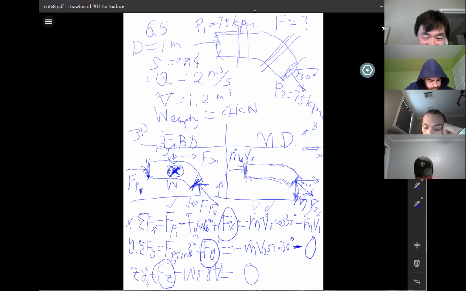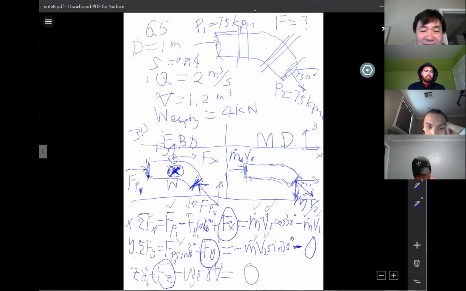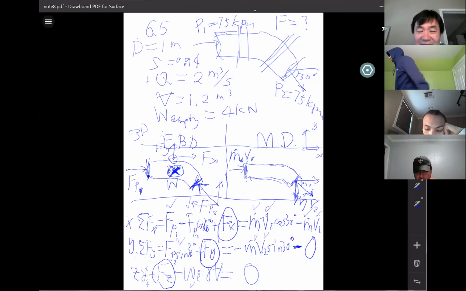Second equation, same thing. FP2, we know. Basically the same thing. We know everything. Okay, so third equation. W empty weight is given as 4 kilonewton. Be careful, use 4,000 in the calculation. Do I know gamma, gamma of the fluid? Did we say it was water?